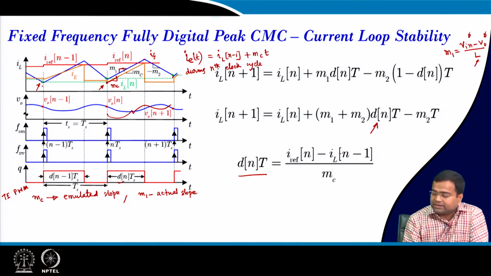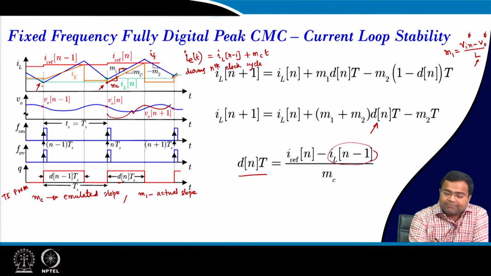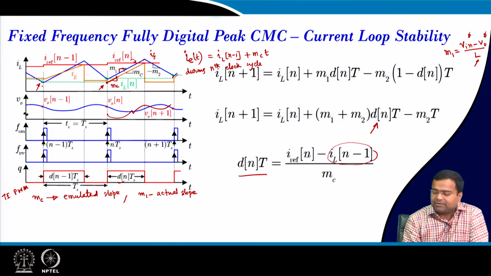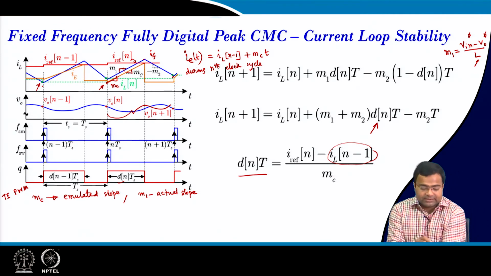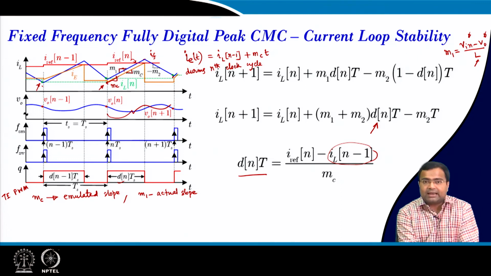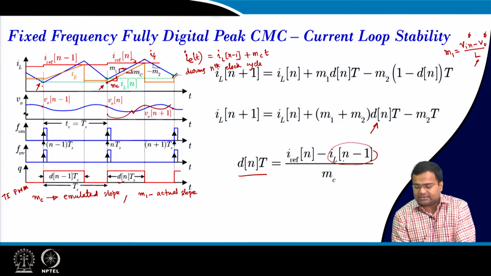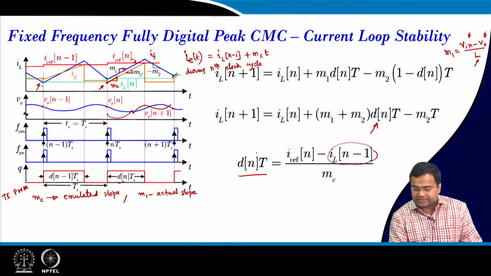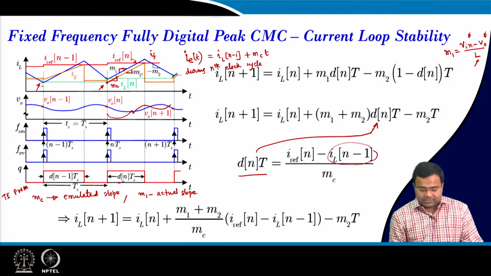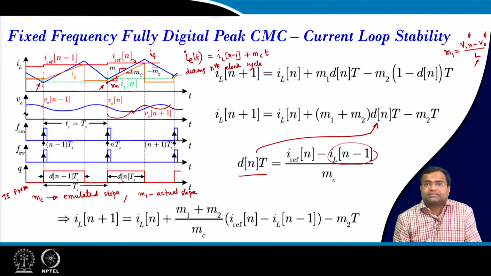So that's why it is I ref n minus IL n minus 1, divided by MC, where I ref n is for this cycle and MC is the slope of this emulated current. Since the emulated current starts with IL n minus 1 and ends at I ref n, I ref n minus IL n minus 1 by MC is the dNt. Now you substitute this dNt here, then this is the complete equation.